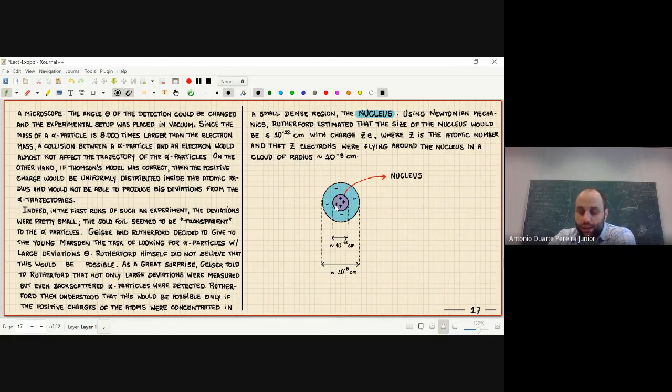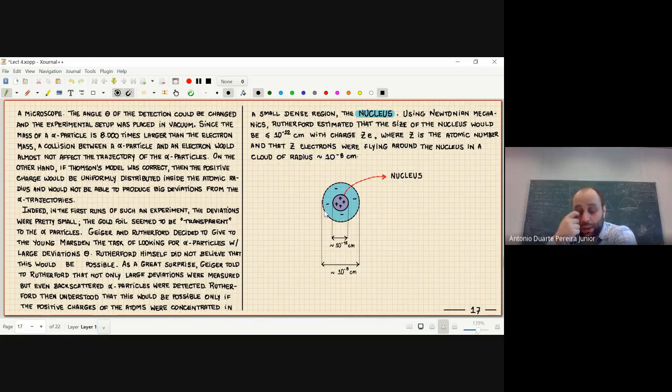And you see that this nucleus has a size of the order of 10 to the minus 12 centimeters, and this was estimated by Rutherford using Newtonian mechanics. And the cloud of electrons has a size that is 10 to the minus 8 centimeters. So the nucleus is way smaller than the size of the entire atom. Okay.